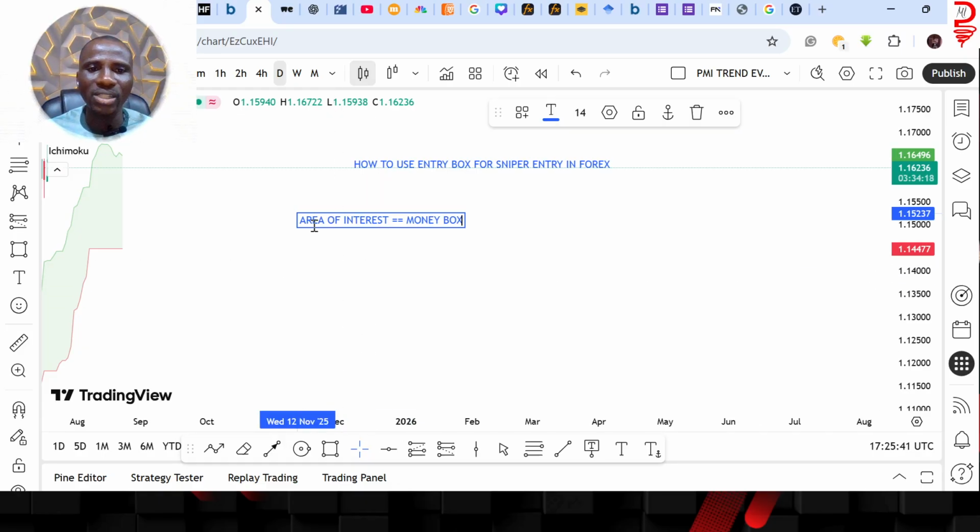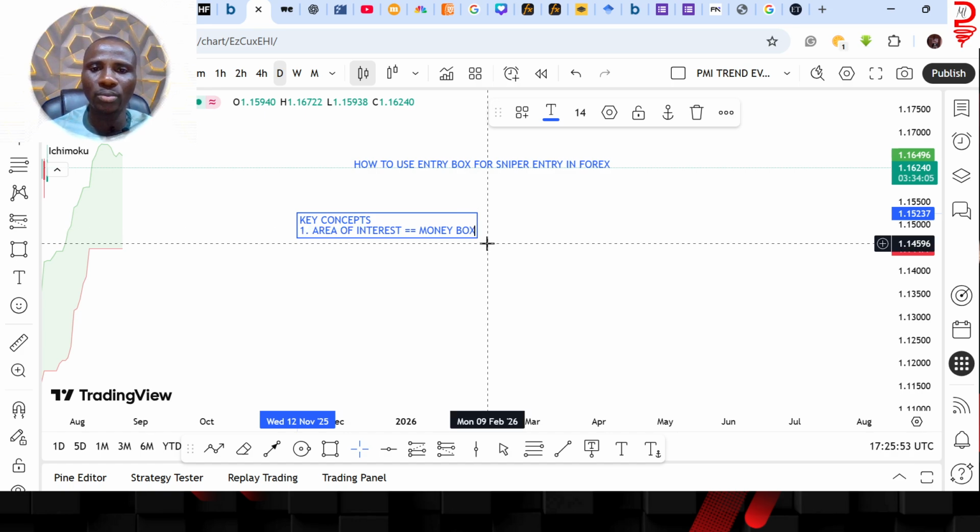The second concept, a key concept, is what I call area of emphasis. Number one, area of interest. Number two, area of emphasis.